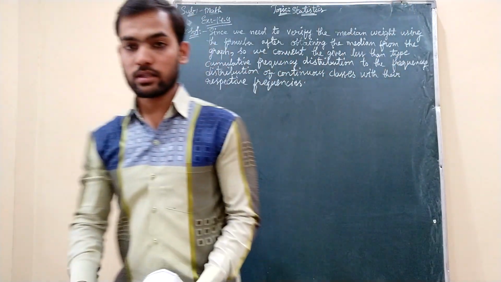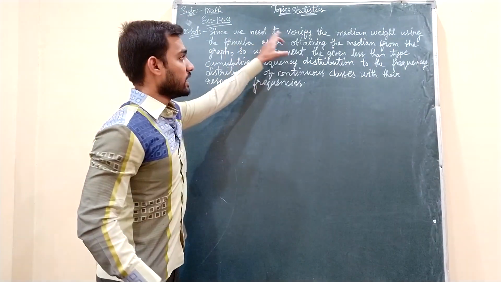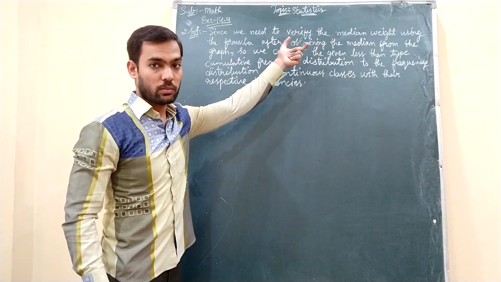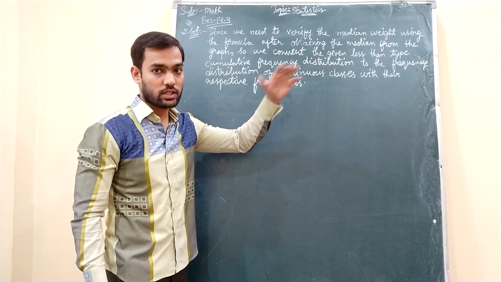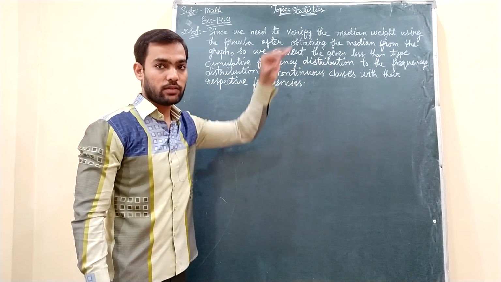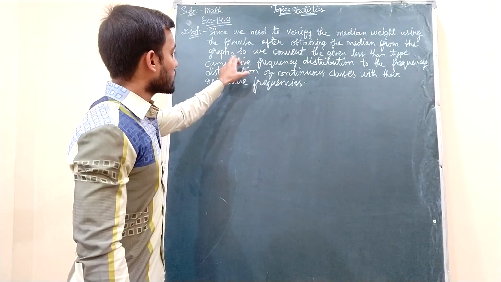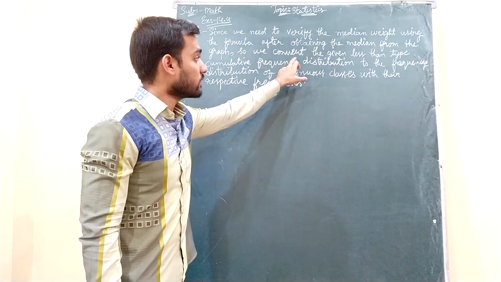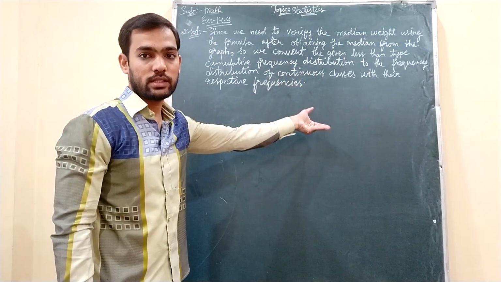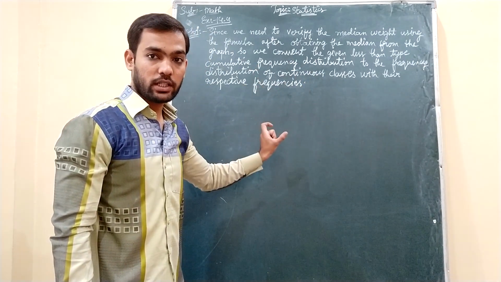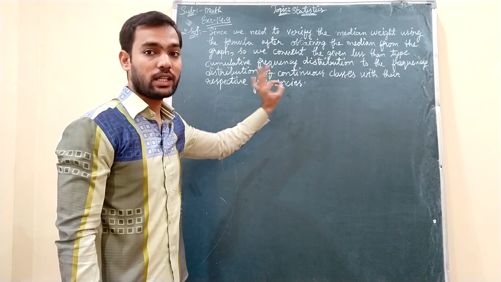See students, since we need to verify the median weight using the formula, after obtaining that median from the graph, which means after drawing the ogive, we need to obtain the median, and the same median we need to verify using the formula. So we are converting the given less than type cumulative frequency distribution to the frequency distribution. If you are converting into a frequency distribution, you should have continuous class intervals.